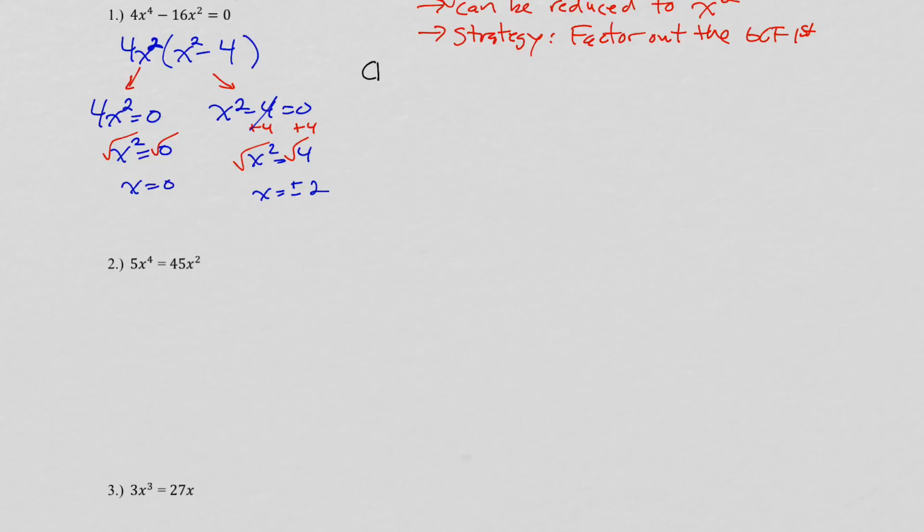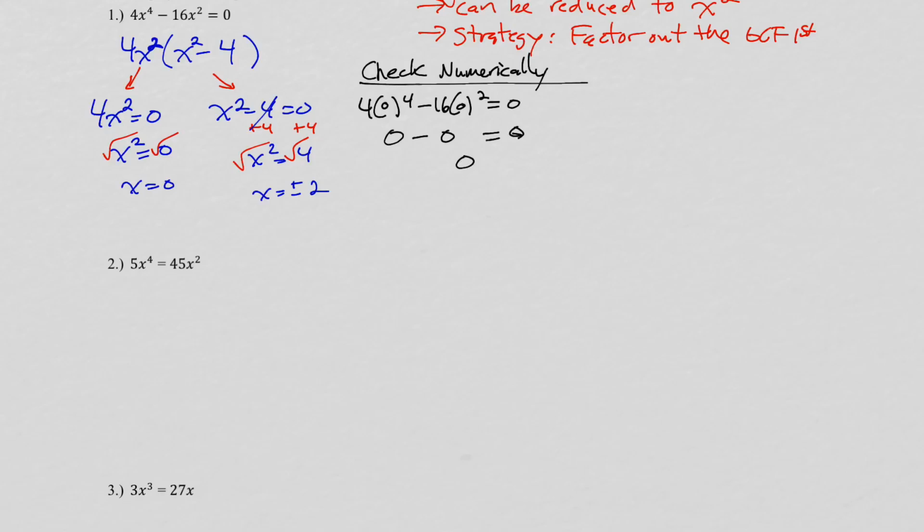Let me rewrite that. Okay, so the first one, let's check the 0. That's the easiest one. So you plug this in. 4 times 0 to the 4th minus 16, 0 squared. And of course, that's 0, all 0. So that one's good.